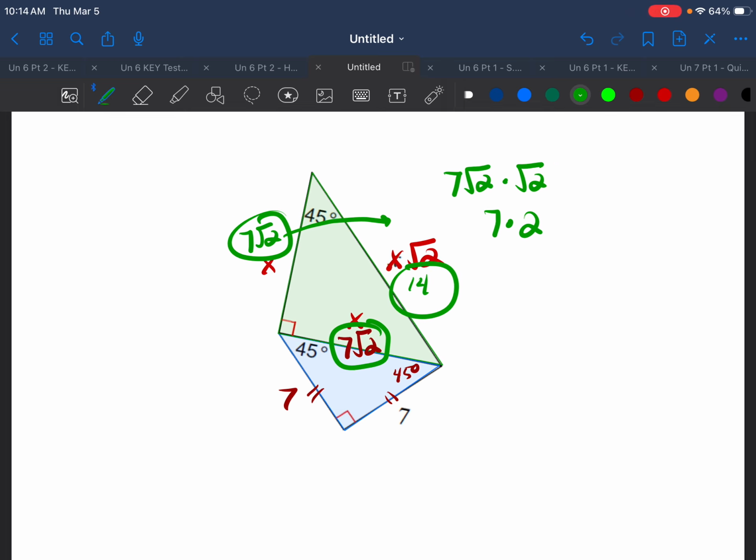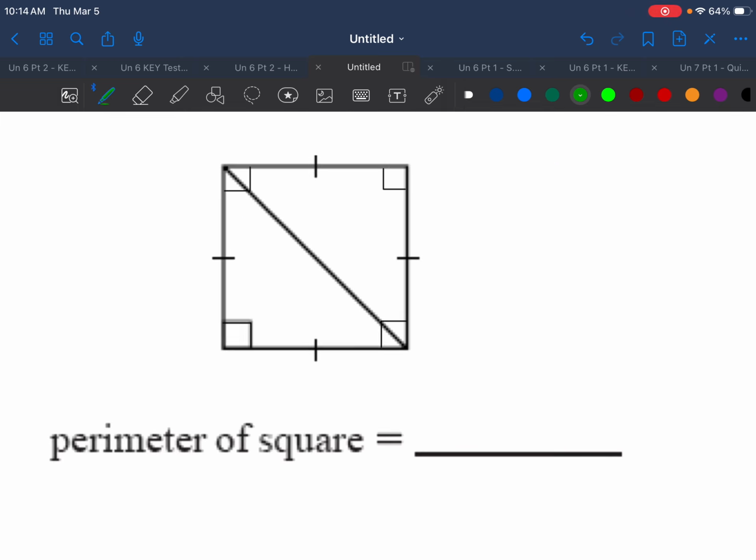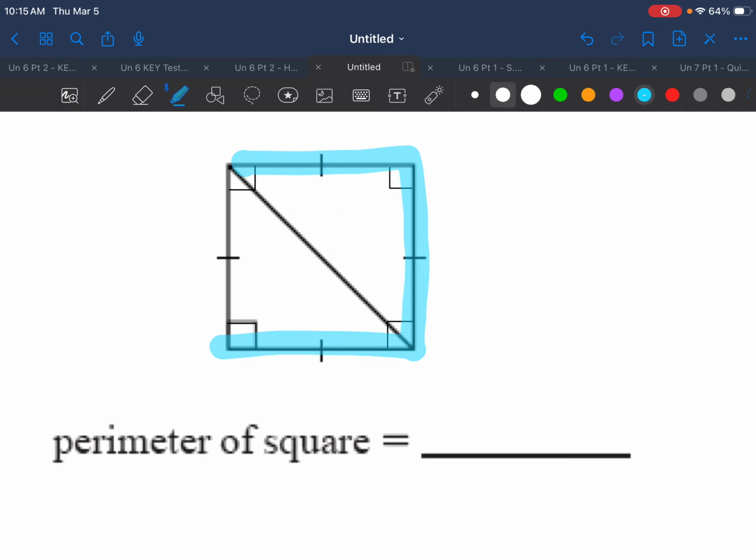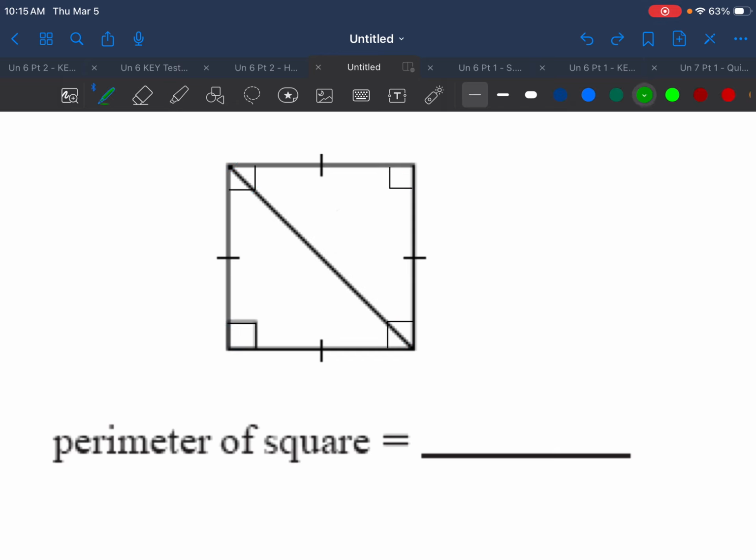Okay, finally, I'd like to talk about a special figure, which is a square. Now, in all squares, you have 4 equal sides and 4 right angles. But this works out nicely for us in our special right triangles idea because, think about it, when we draw our diagonal, it's going to bisect each of these angles.